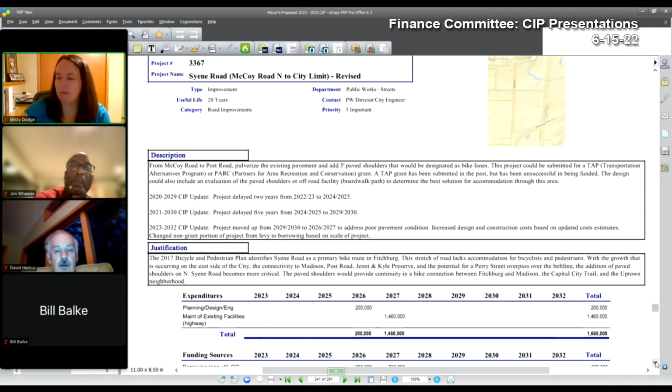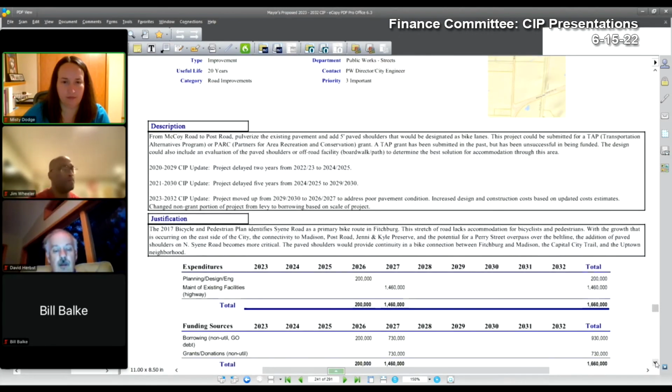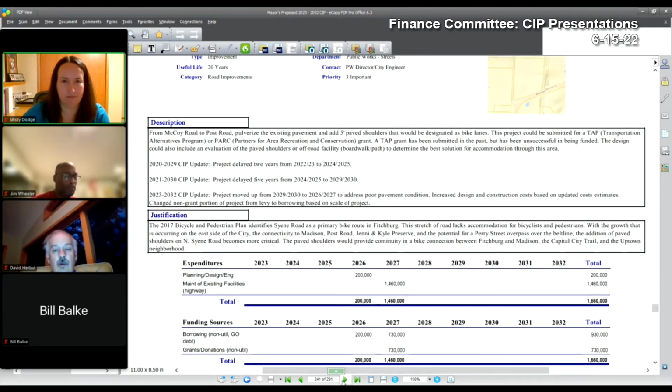Largely, if I recall correctly, yes, Sain Road from McCoy north to the city limits. So that will be a joint project with the city of Madison, and grant funding will be applied for. This project has been moved from 2930 to 2627 to address the poor paving conditions, and updated construction cost estimates have also been provided.